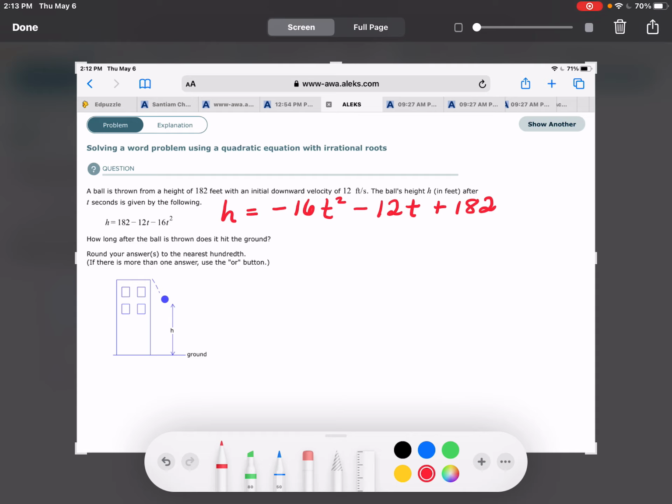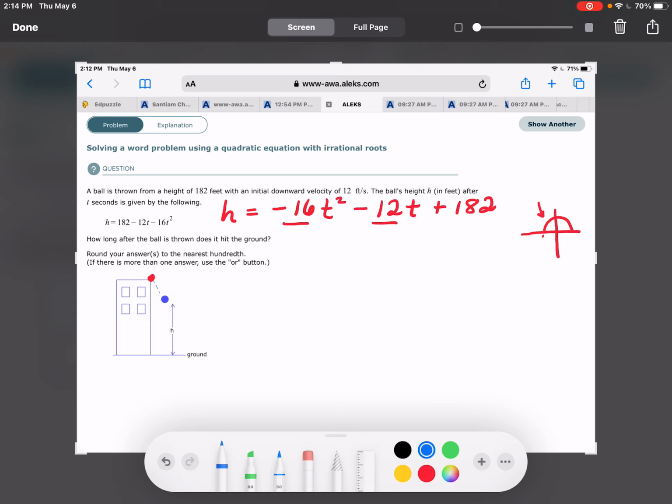So there's a nice little picture here. The ball's up here. Someone throws the ball down. It not only gets this force pushing it down, it gets this gravity pushing it down. And we're going to see that negative 16 making a parabola that looks something like this. Okay, so over here, that didn't really happen.